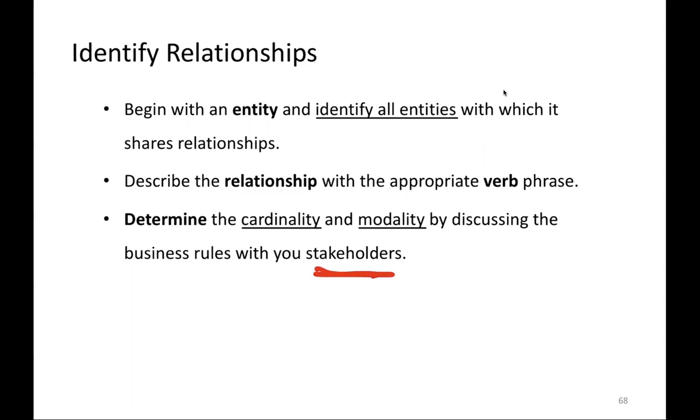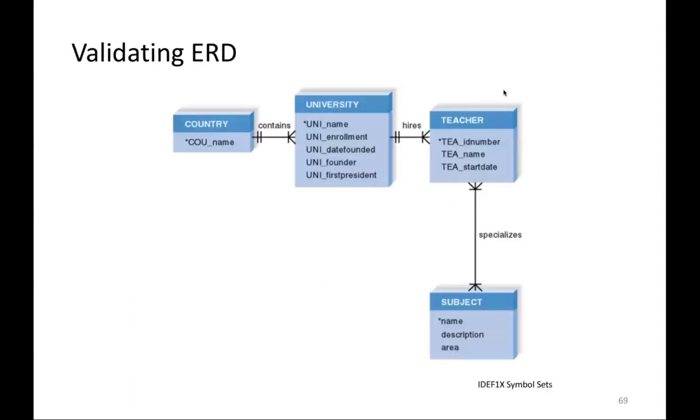After you identify the relationships and come up with abstractions of those entities and the cardinality, it's very important, before you proceed and plug your ERD into the specification document, to validate your ERD.